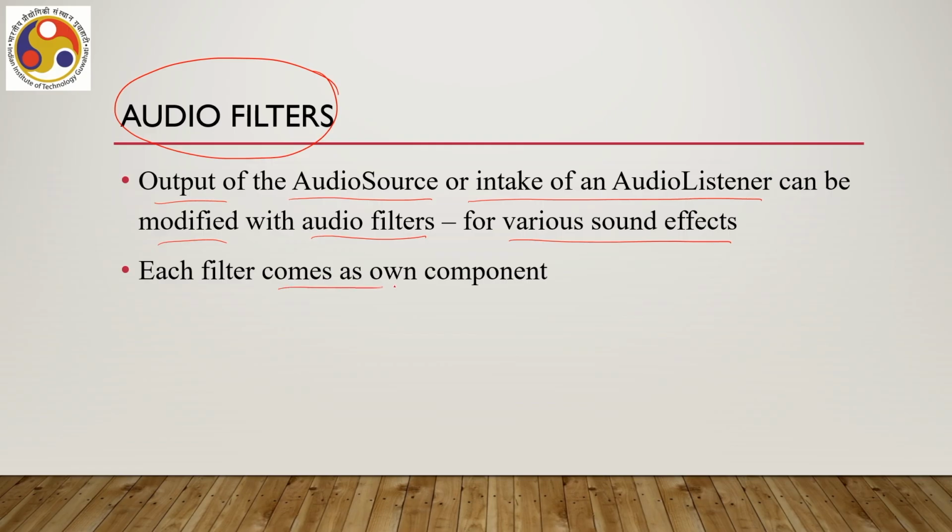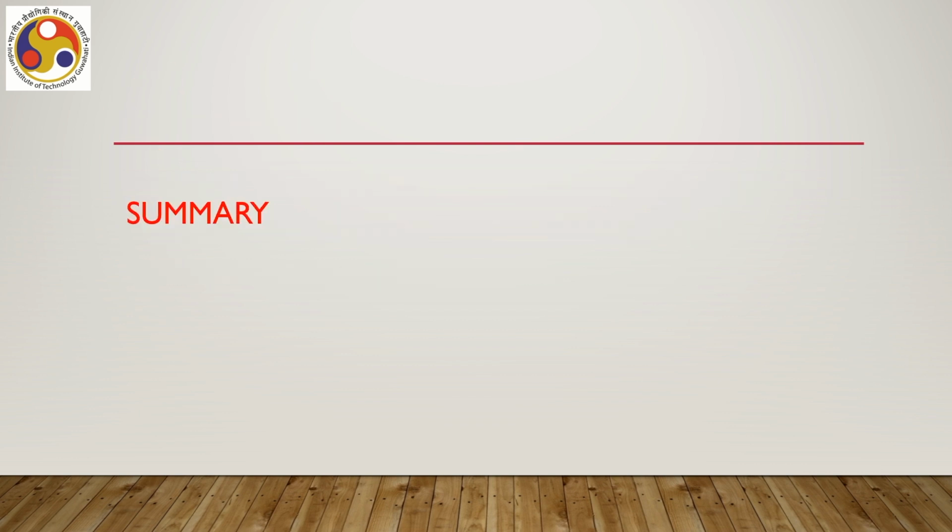Each filter comes as its own component. These are internal organization of Unity, but the overall idea is that with filters you can modify what audio you already have and you can generate different audio effects.